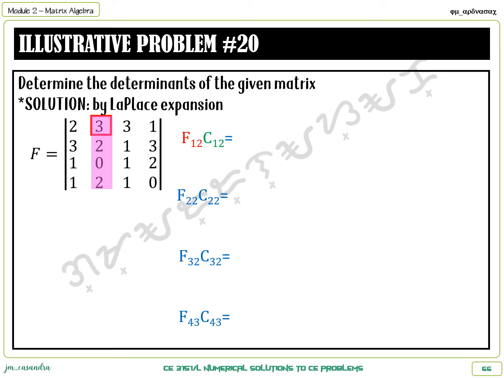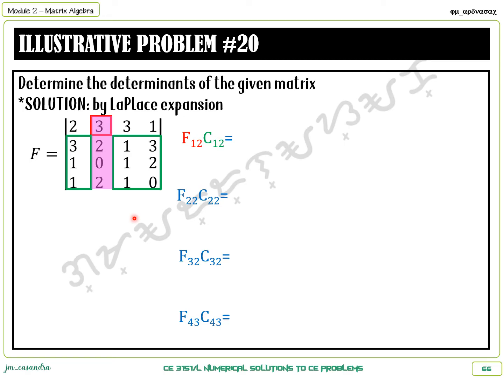So what we'll do is to consider our minor matrices for each element. So for the first element, 1, 2, its minor matrix will be the highlighted or enclosed numbers.